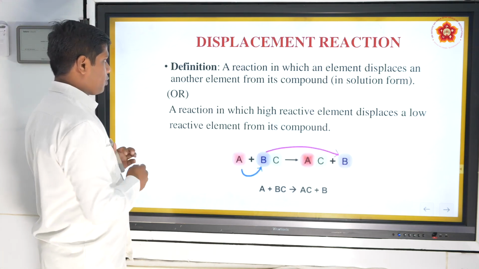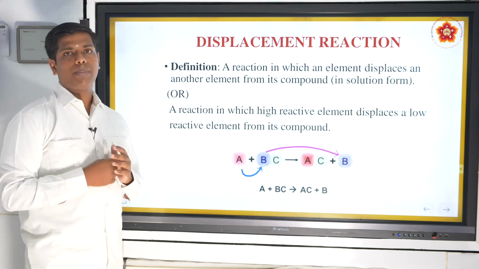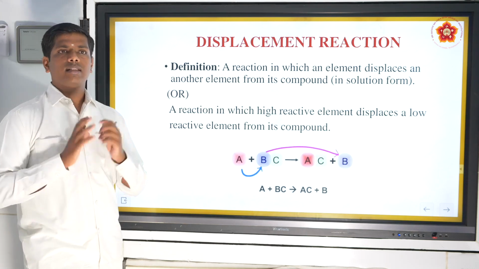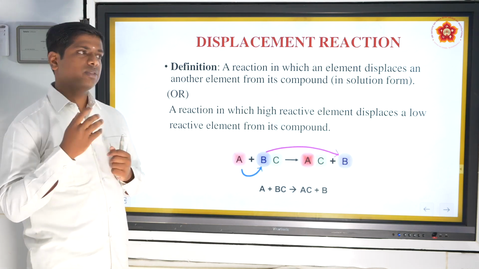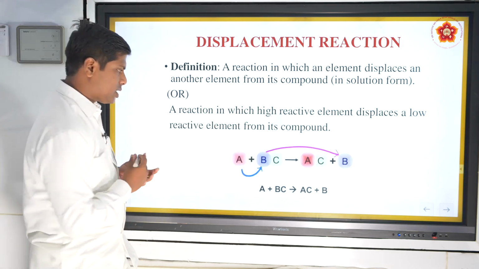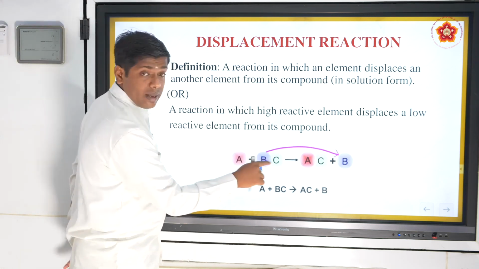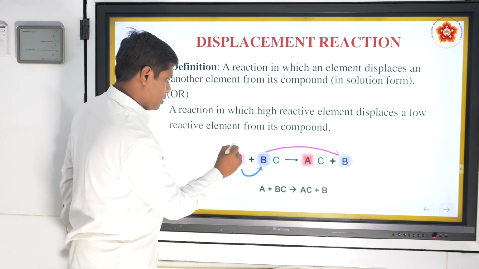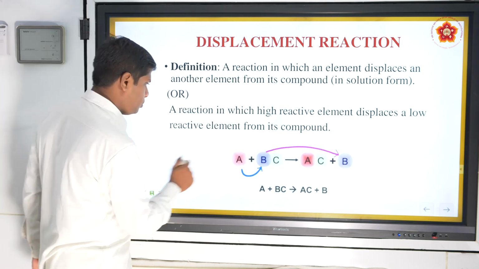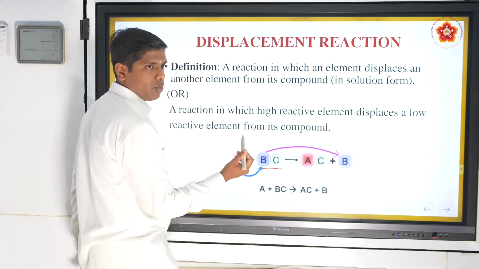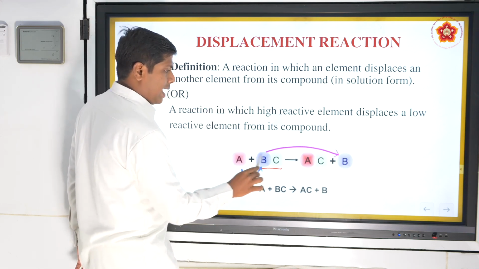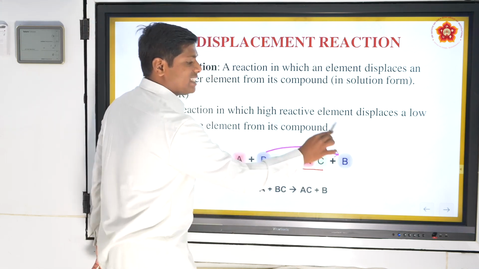This is very important. Next, displacement reaction. The next type of reaction is known as displacement. Children, let us look at the general form: A plus BC gives AC. Please see this example. A is one substance, plus BC. Here, AC is always the product, which means B is being displaced.